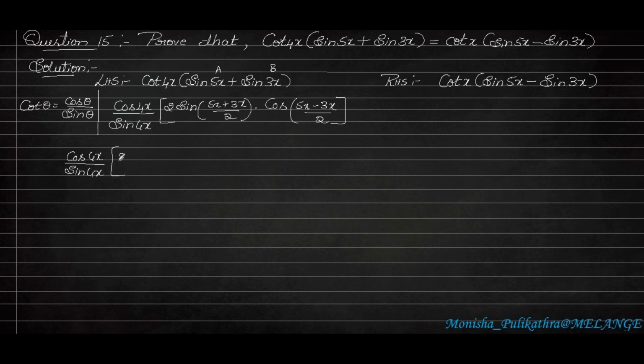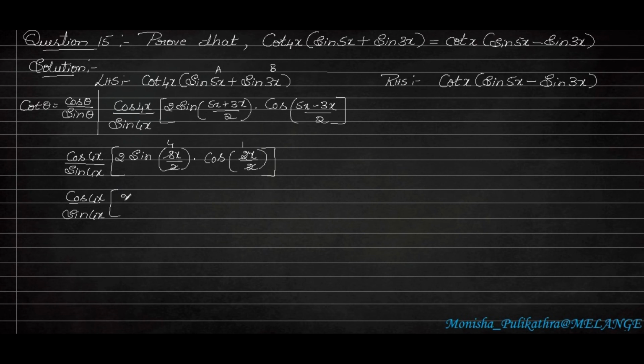So here this will become 2 sin 8x by 2 into cos 2x by 2. So the 2 ones cancel and the 2 fours cancel, so it will become cos 4x by sin 4x.